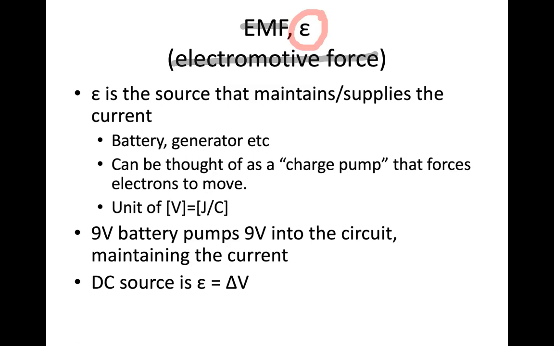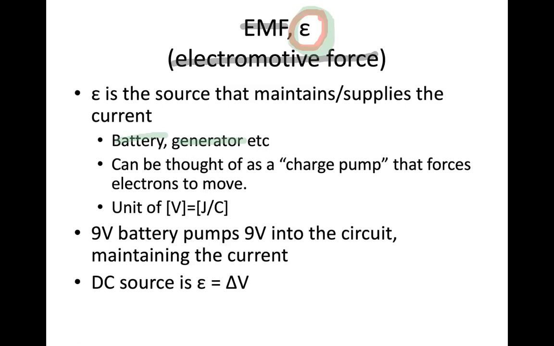Well, in practice, what is that electromotive force? Well, it can be a battery, right? Like your Duracell. It can be a generator, which we'll talk about later. It can be many things. So this symbol, curly E, is basically our symbol for battery. It is what is making the electrons move.